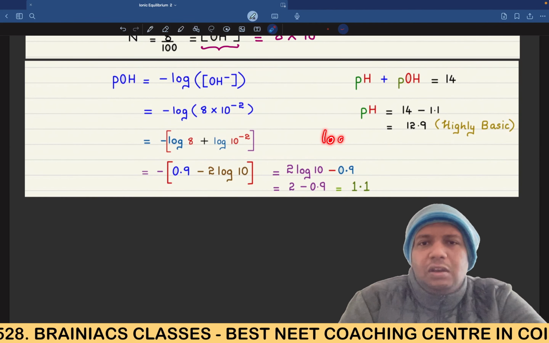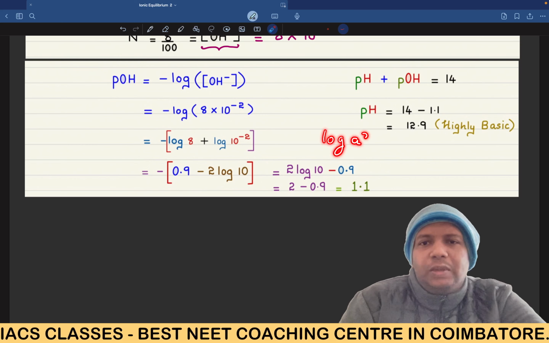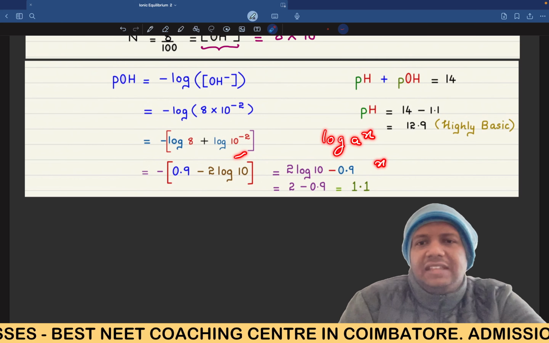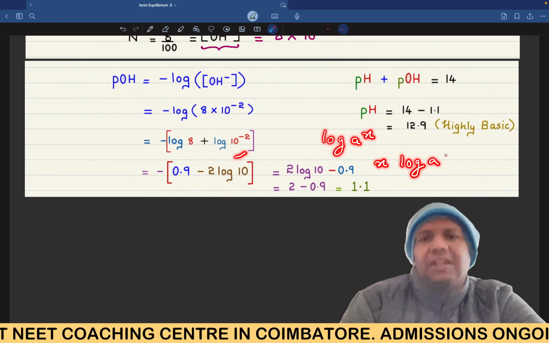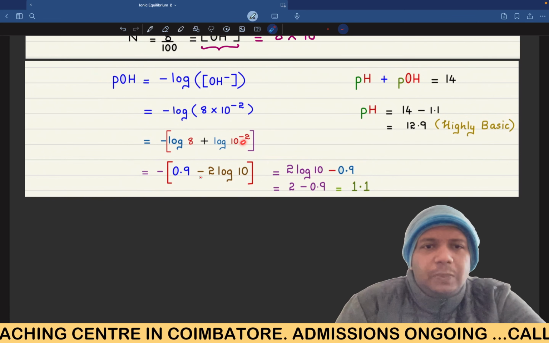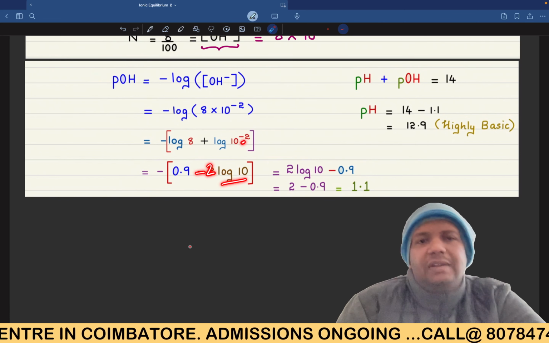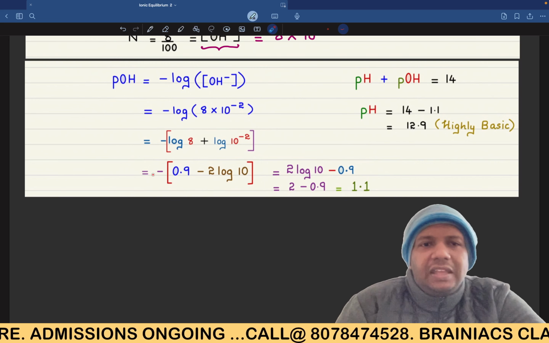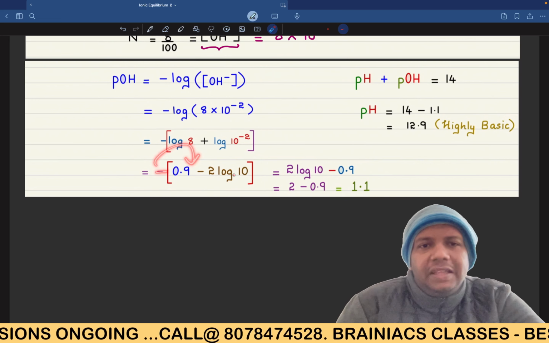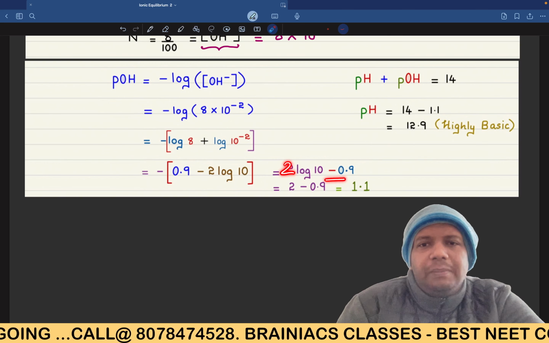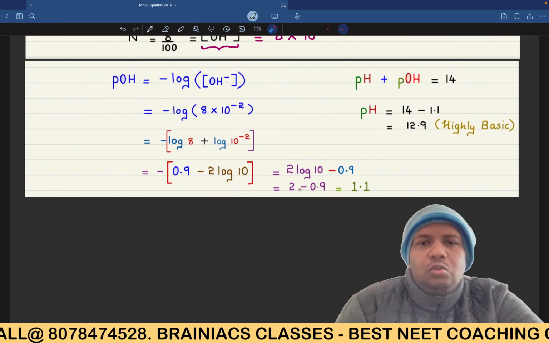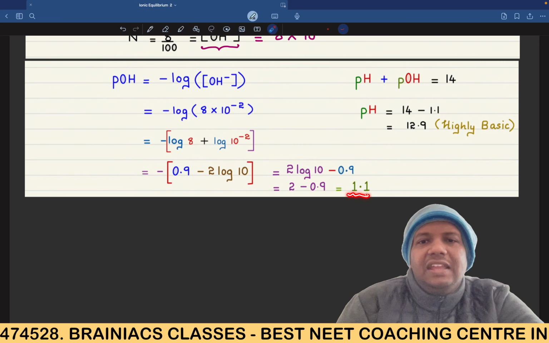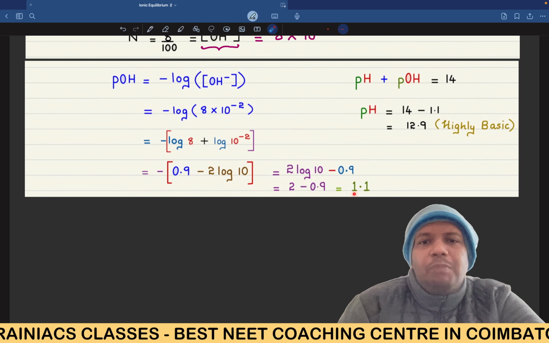And we know that log a raised to x, anything coming like this, is x into log a. We have seen this in the previous question. So this can be expanded as minus 2 log 10, and log 10 is 1. So I can multiply inside, and this will become 2 minus log 8, which is 0.9. So that is 2 minus 0.9, and you get the pOH value as 1.1.